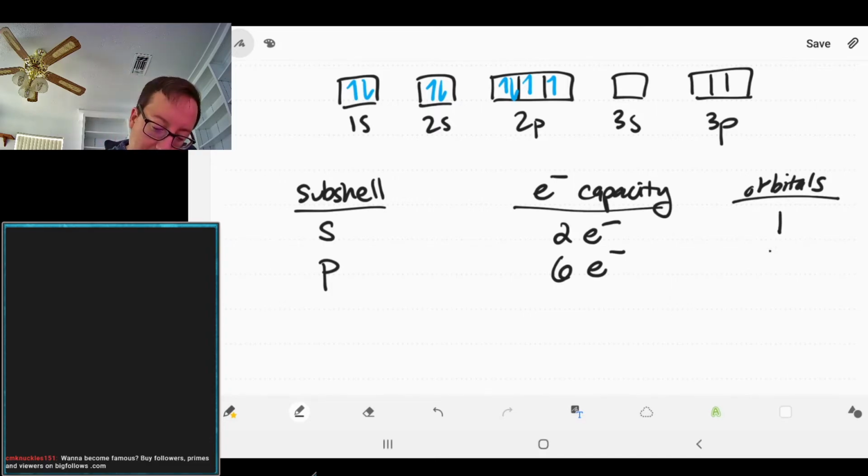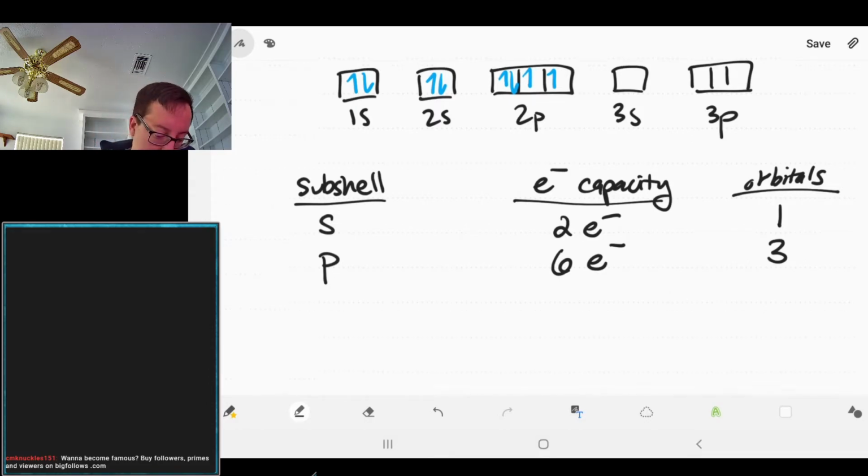There are 3 different p orbitals. Each of them can hold 2 electrons, so overall we can hold 6 electrons within the p subshell. Remember, those 3 orbitals are just the different arrangement of those in space. We have one that's up and down, one that's side to side, and then one that's in and out. Those were the 3 different p orbitals.